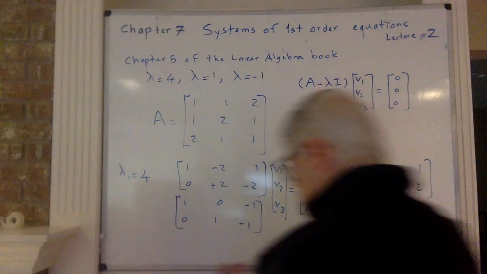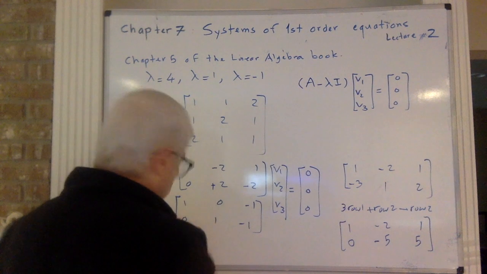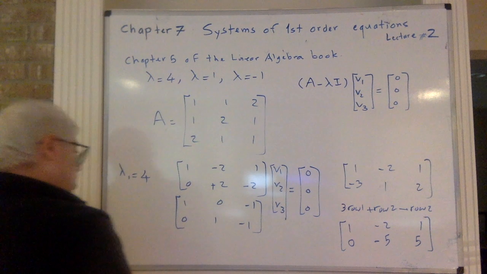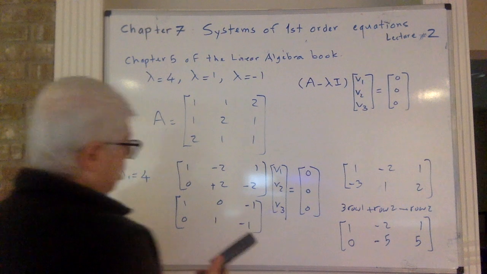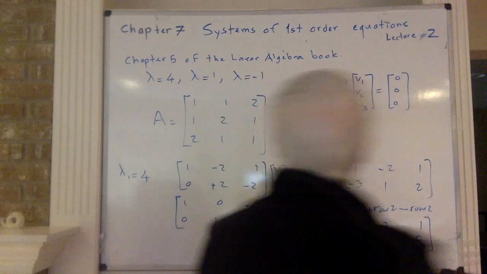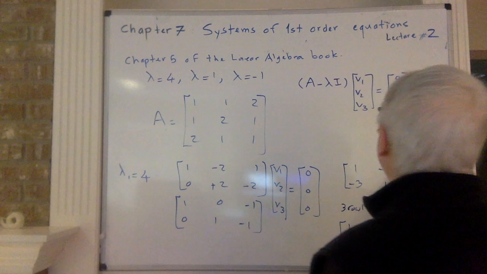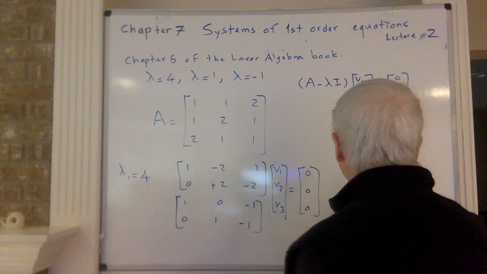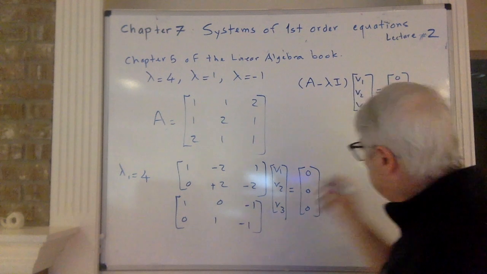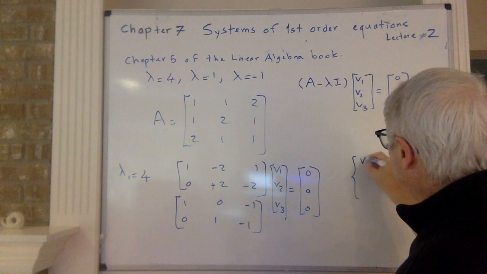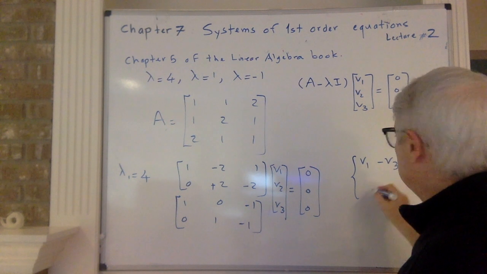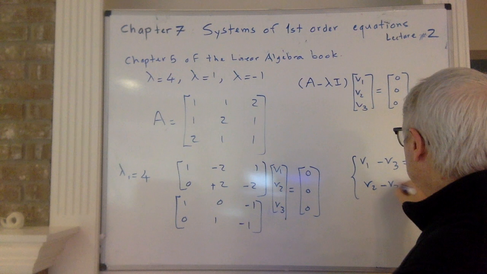And if you reduce it, the rref on your calculator will give you this. I think we should do this. So I have V1 minus V3 is 0, and the other one is V2 minus V3 is 0.